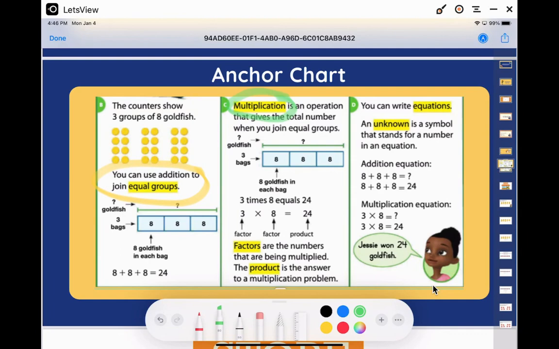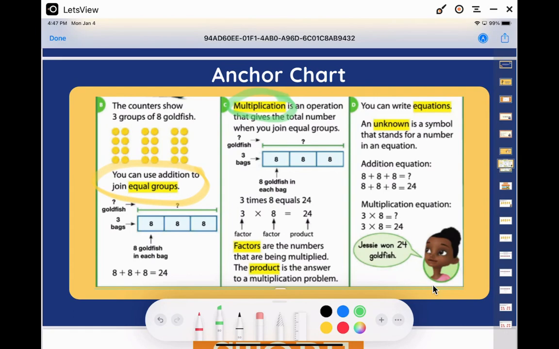Multiplication gives us a quick way of putting numbers together when they are in equal groups. Last year, we talked a lot about repeated addition. Repeated addition is another way to join numbers that are equal together. But multiplication helps us to do this a lot faster.